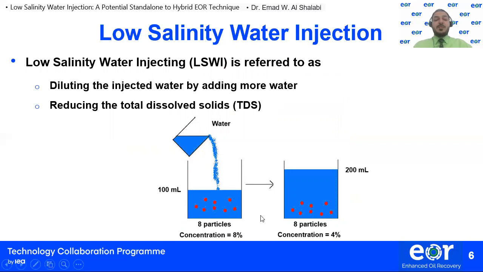Here is a schematic of the problem. Imagine that you have 8 particles of solute in 100 milliliters of a solvent. Then all we do is increase the solvent to about 200 milliliters, and that will change the concentration from 8% to 4%. So this is an example of dilution by low salinity water injection.